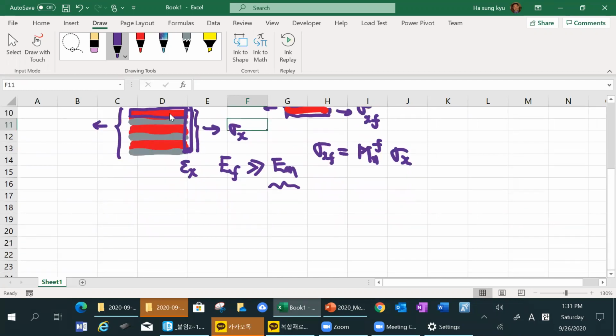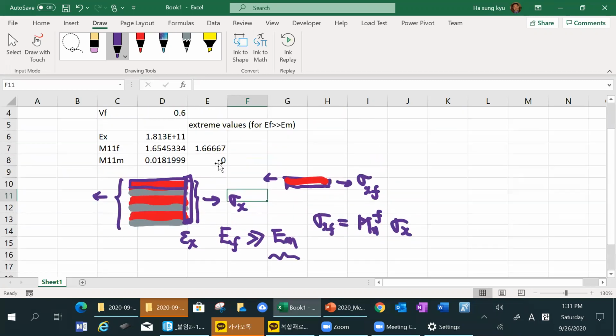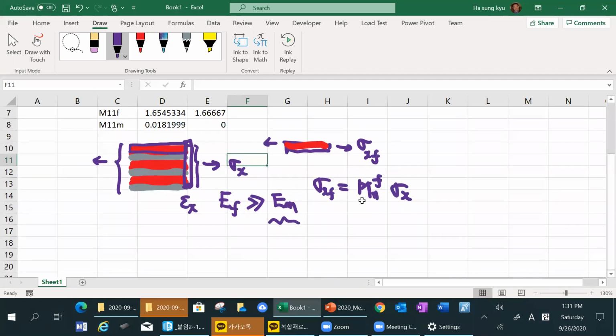The stress transferred by the resin will be smaller and smaller, so only the fiber transfers sigma x.